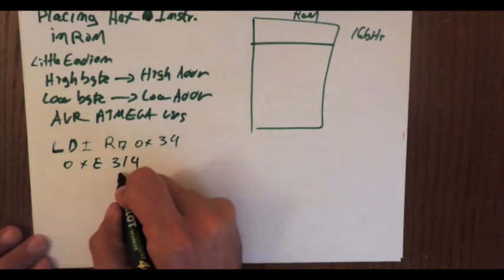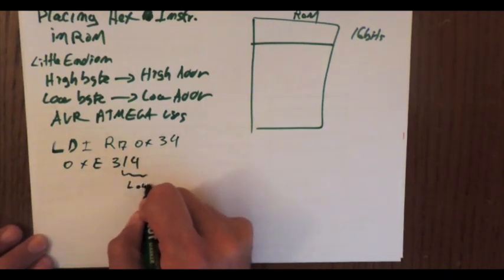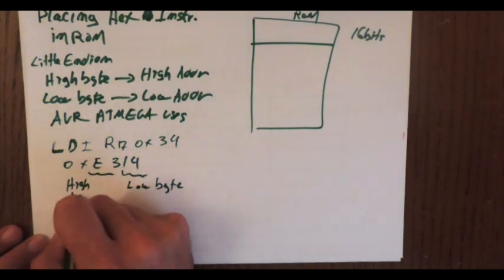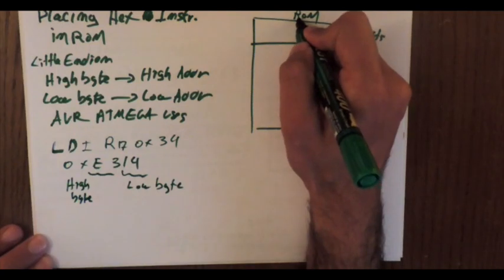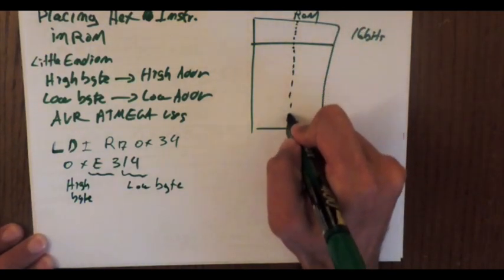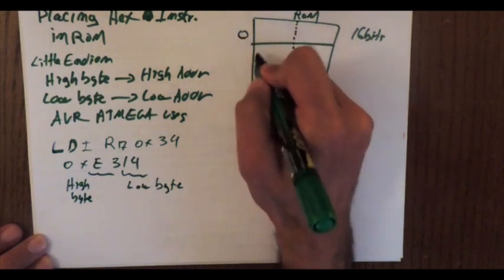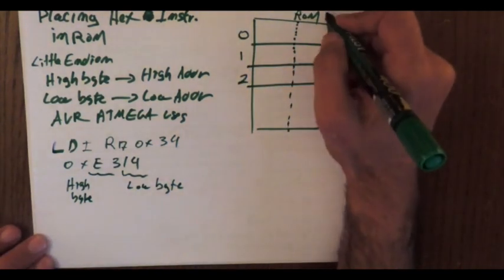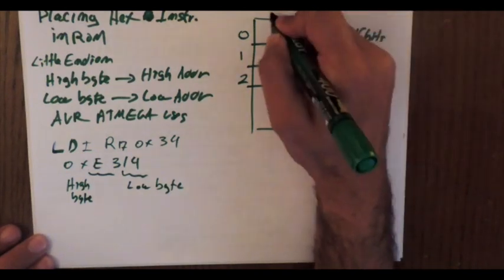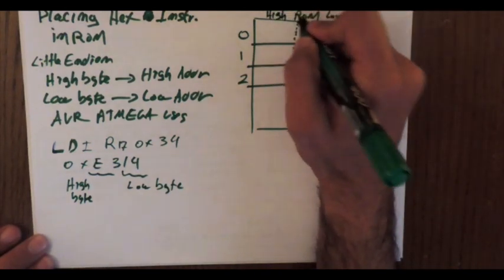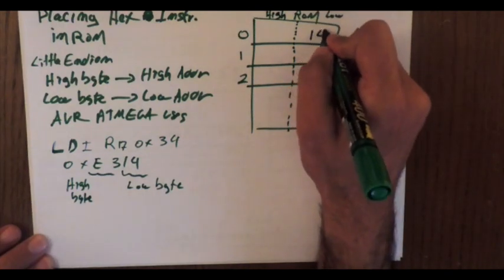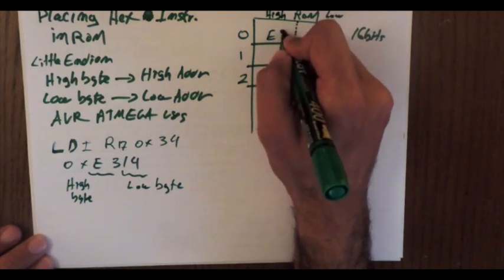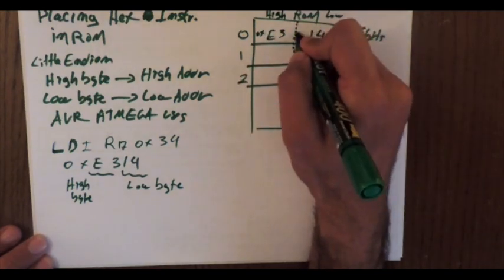So you might see that we have here the low byte, and this is the high byte. So if you consider ROM like this and we divide it to low address and high address, so this is 0, then we have 1 and 2. So what we do is actually write the 14 here and the E3 here. Of course, this is hex.